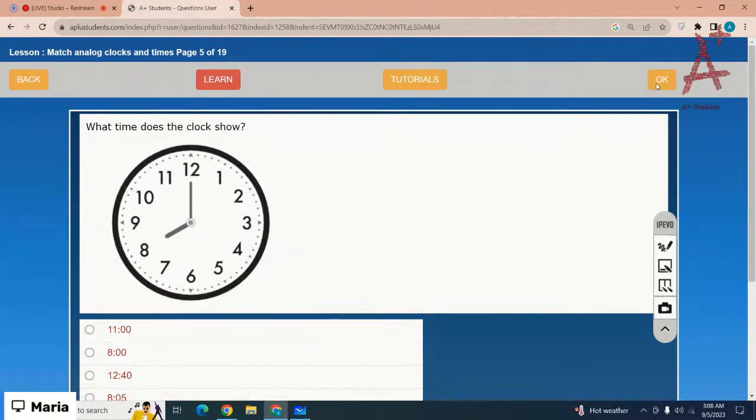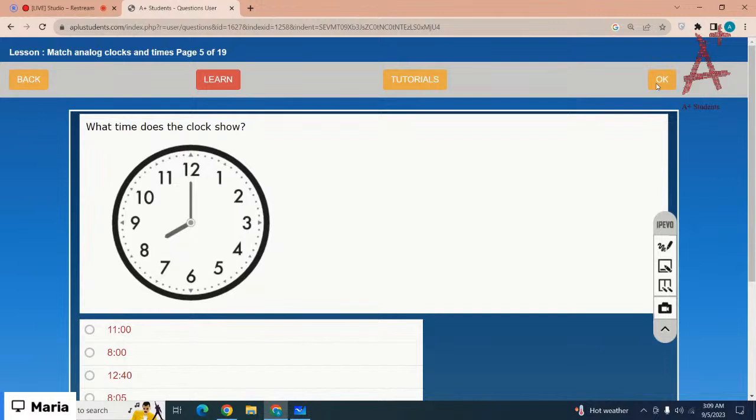What time does the clock show? So which is the correct option? You can see the hour hand, the shorter hand, points to 8, right? And the longer one points to 12.